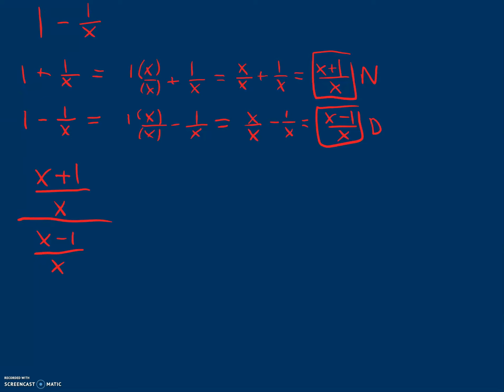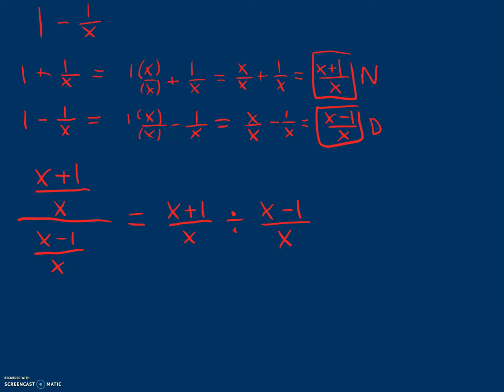What I like to do is, because I always disliked the looks of so many fractions in one problem, just getting taller and taller, I like to write it horizontally. x plus 1 over x divided by x minus 1 over x.